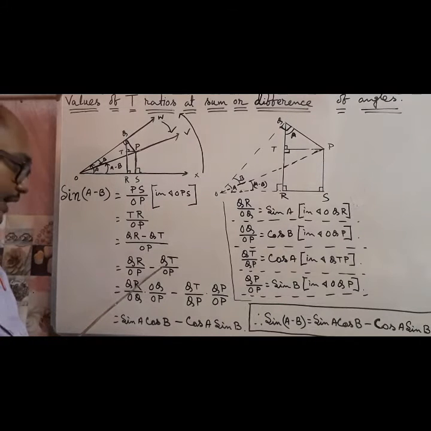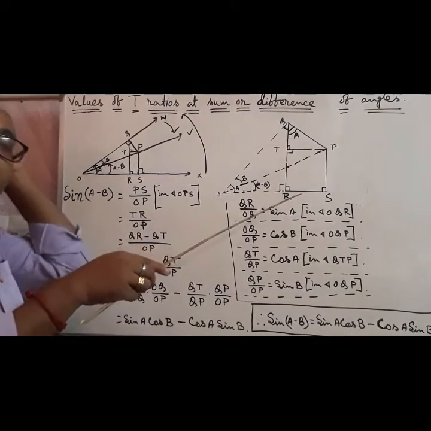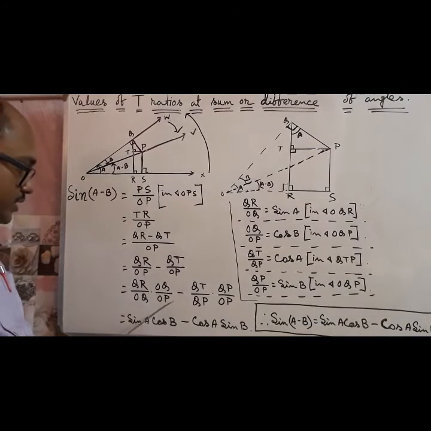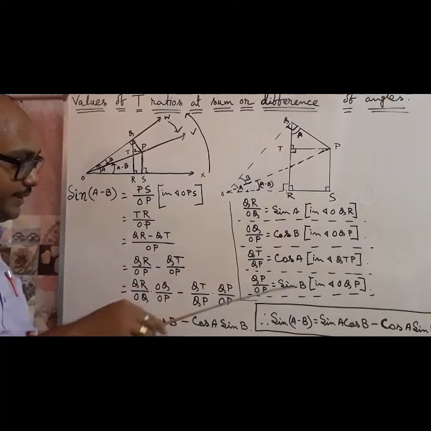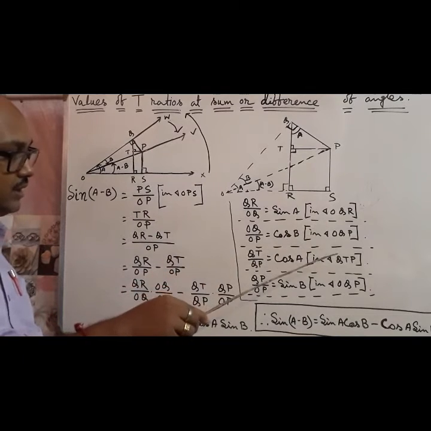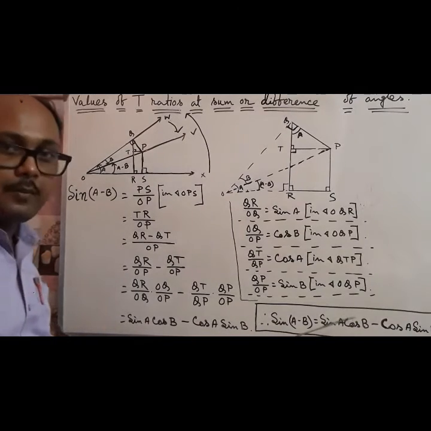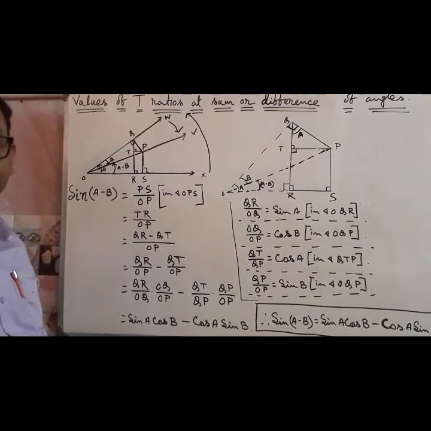QR and OP, and QT and OP are not forming any right angle triangle. So we took the help of OQ and QP here. So QR by OQ into OQ by OP minus QT by QP into QP by OP. Now all these four ratios, we calculated these values with respect to these triangles, and putting the values we will get sin A minus B equal to sin A cos B minus cos A sin B.